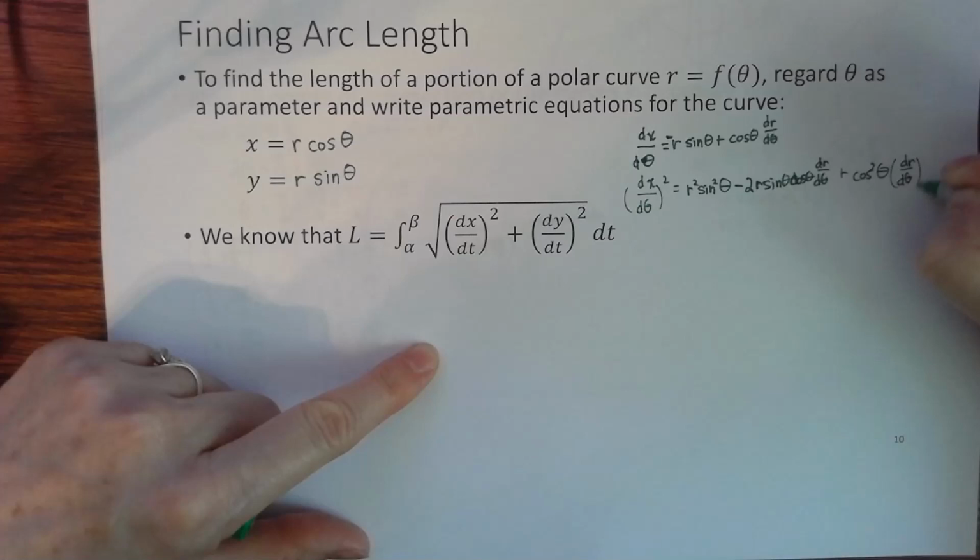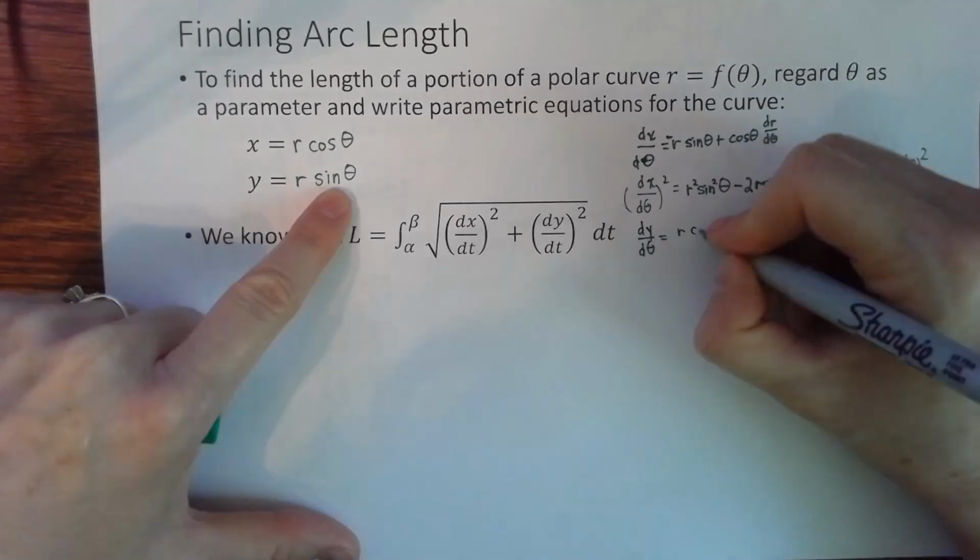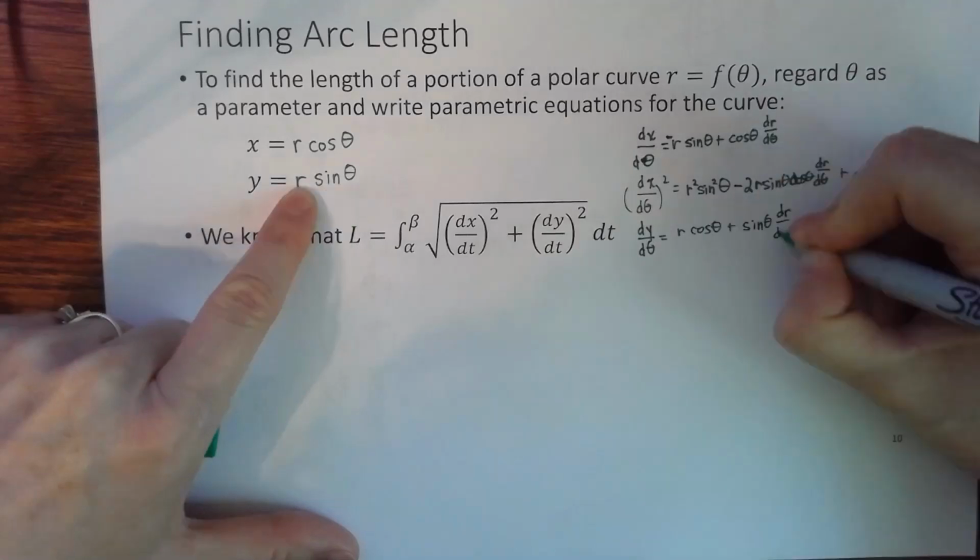All right, and now let's do dy/dθ. So that'll be the first times the derivative of the second plus the second times the derivative of the first. And let's square this one too.